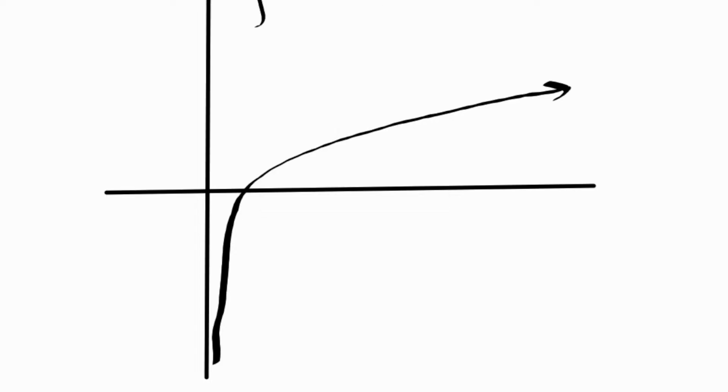Let's call it f of x equals log x base b. That's what it is. And it has a point here, A, and another point. Let's give it the coordinates 8 and 3 over 2. Let's give it that.